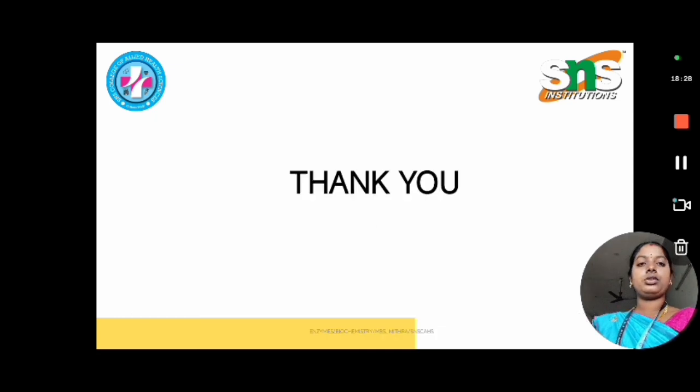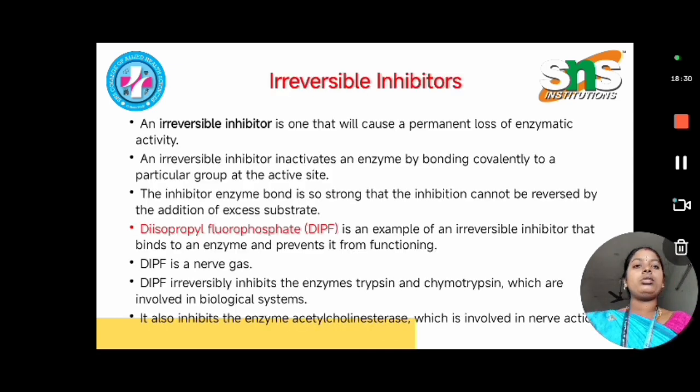So this is all about reversible and irreversible inhibition. Enzyme inhibition is when a substance binds to the enzyme and inhibits the chemical reaction. There are two types, reversible and irreversible. Reversible inhibition can be reversed, is a temporary loss, and involves non-covalent bond interaction. In that we have seen competitive, non-competitive and uncompetitive.